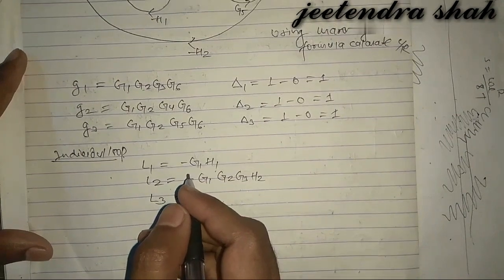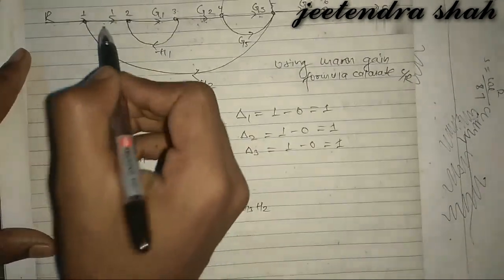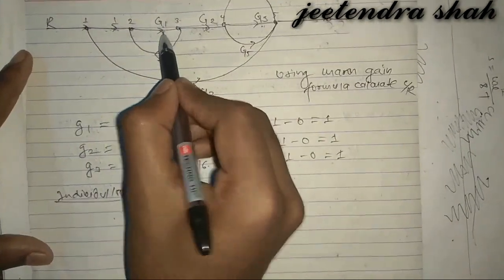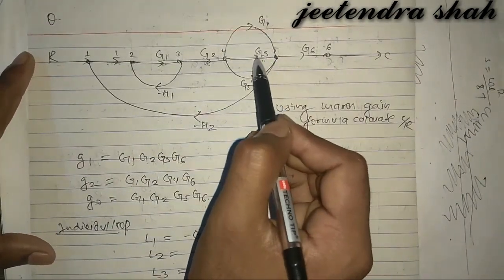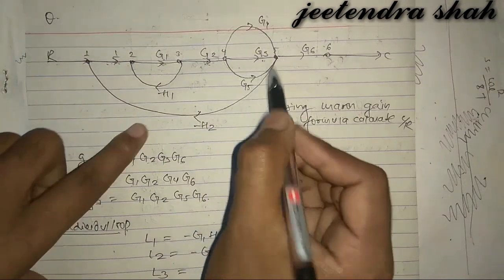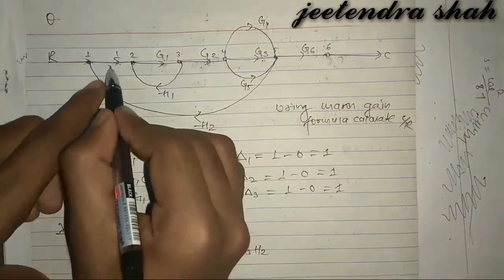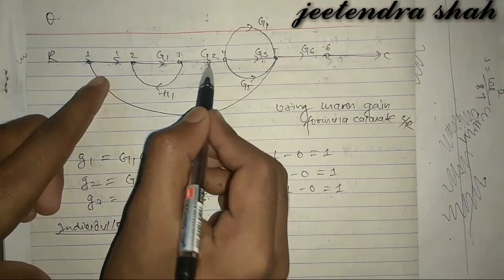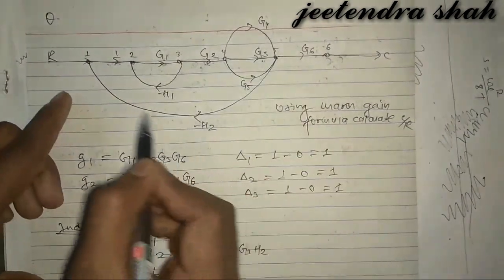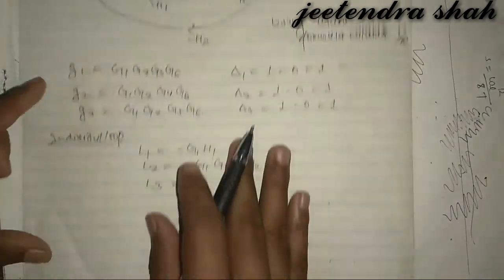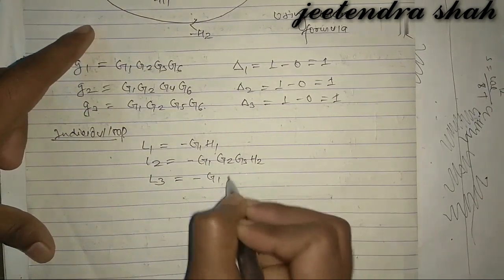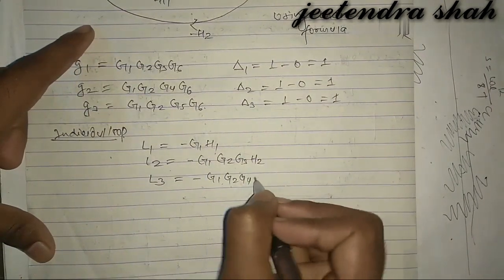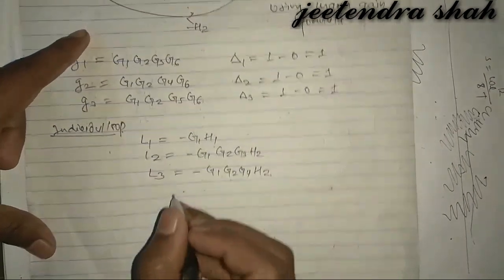And here we have L3. For L3 you can write G1, G2, G4, that is 1 into G1 into G2 into G4 into minus S2. Since this is also one individual loop, write minus G1, G2, G4 and S2.